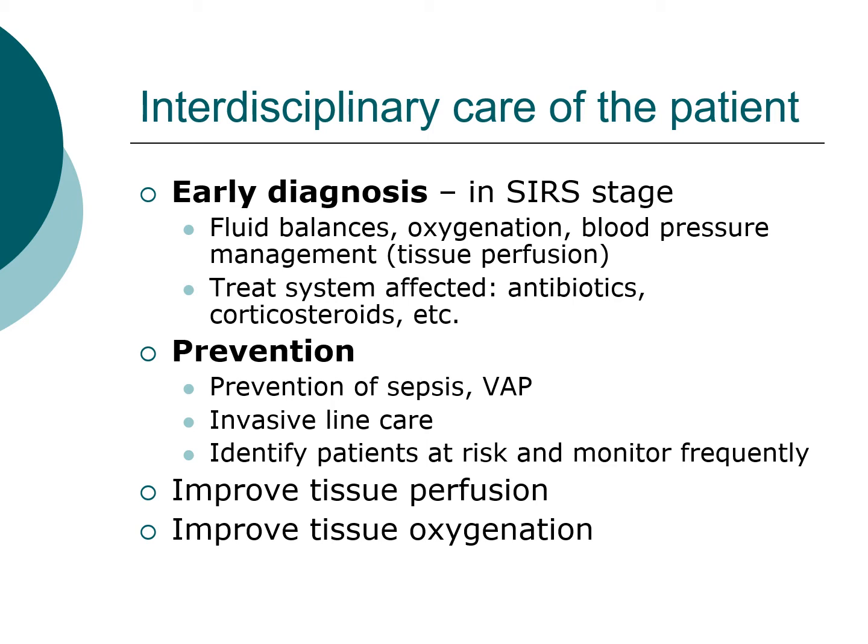But the head of the bed up and the good oral care is really vital for those patients. Invasive line care, that's a good line for sepsis. And then those patients at risks, good monitoring, watch the trends, and anything we can do to help improve their tissue perfusion and oxygenation, either through medications or supplemental oxygen, that's great.